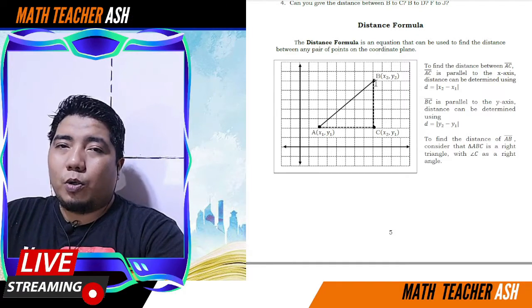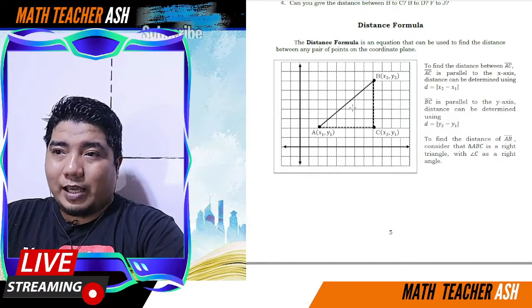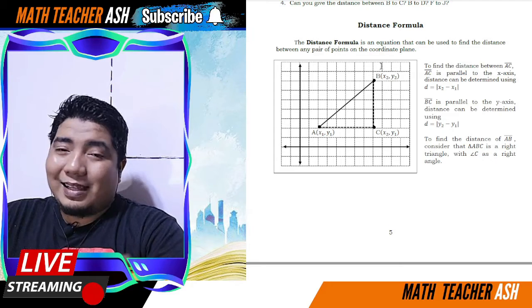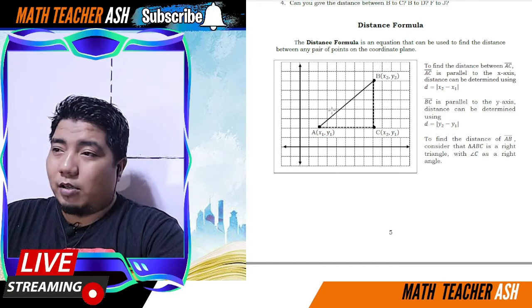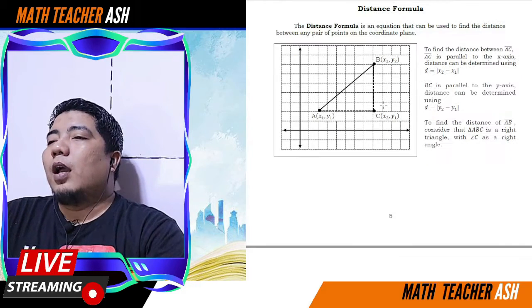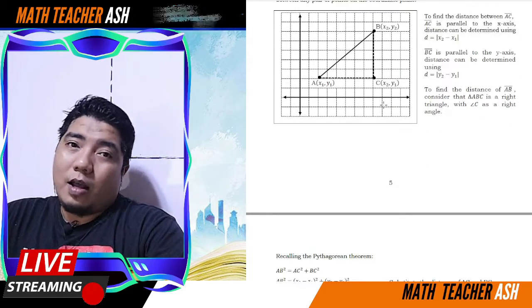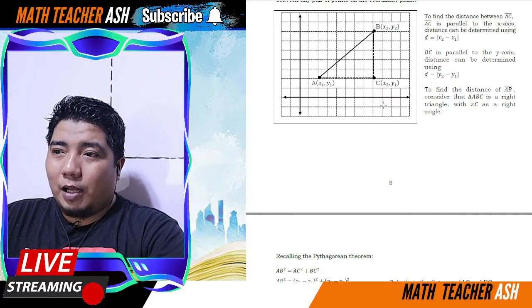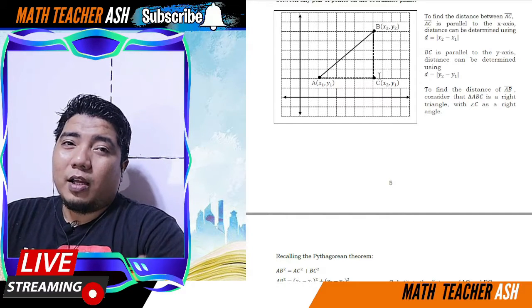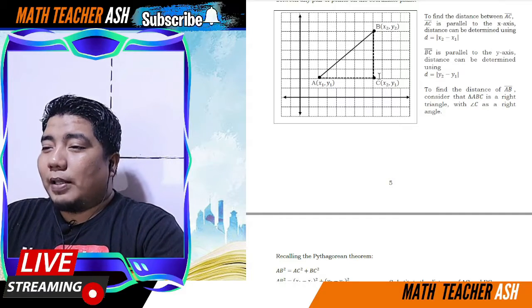Alright? So, technically, in this case, since we are talking about the distance between 2 points, okay, with their respective x, y coordinates, ang gagawin mo lang is to substitute this given x and y to the formula of the Pythagorean theorem.